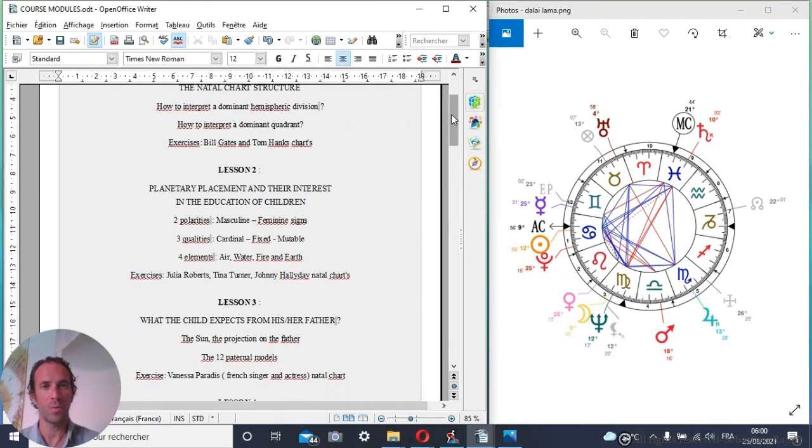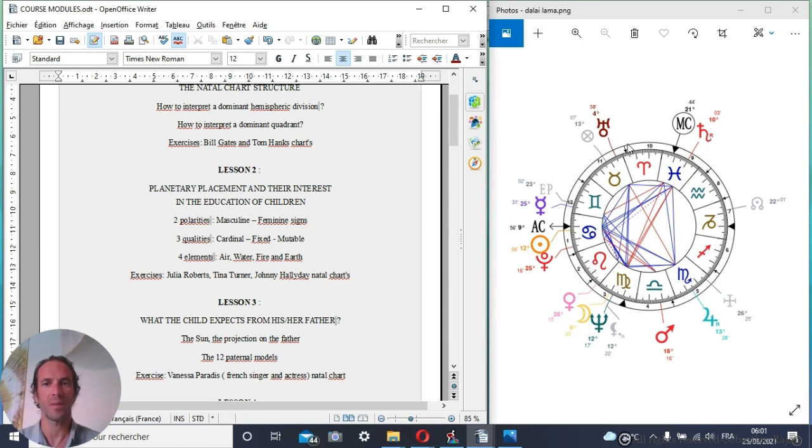Lesson number 2, we're gonna talk about the polarity, quality, element. Masculine, feminine, like Aries masculine, Gemini masculine, Taurus feminine, Cancer feminine, and keep going like this. Cardinal, fixed, mutable, cardinal starting with Aries, and we'll see that Taurus is fixed and mutable for Gemini, and keep going too.